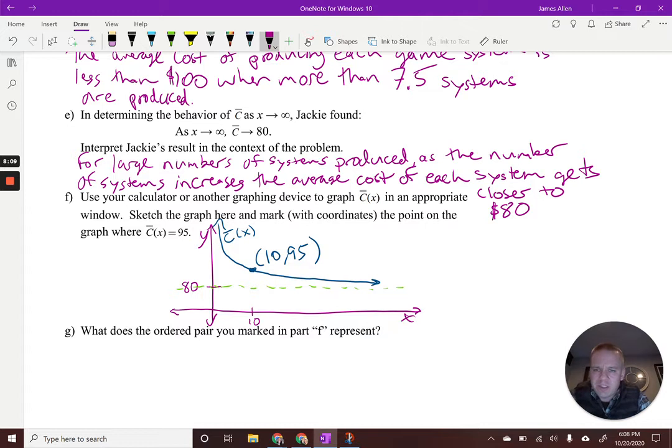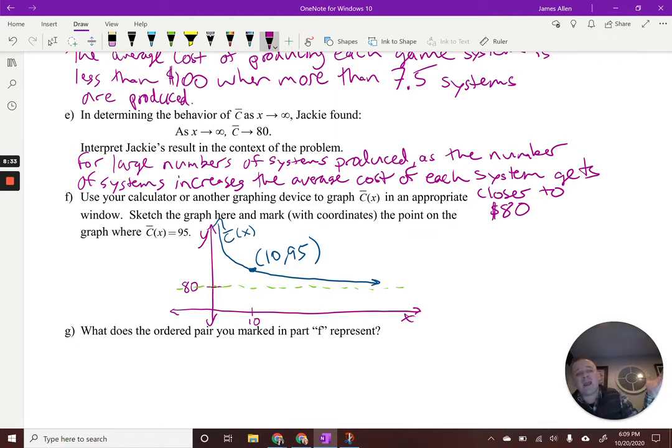Now, let's see here. The next question says, what does the ordered pair you marked in part F represent? Yeah, I can mark an ordered pair, but what does that represent? Can we put that into words? Let's think about our input and output from parts A and B. My input is x, the number of systems, and the output was the cost of that system.